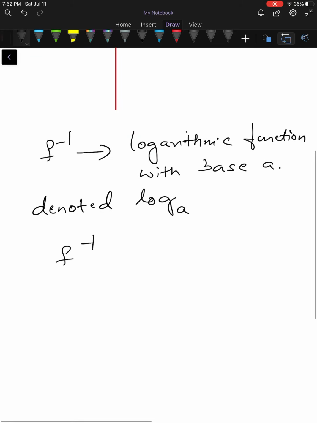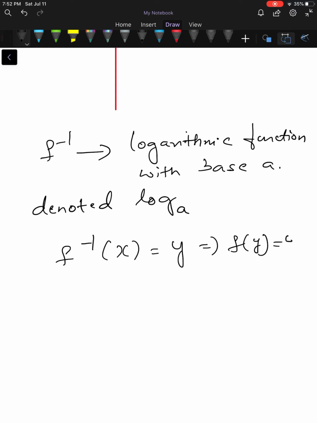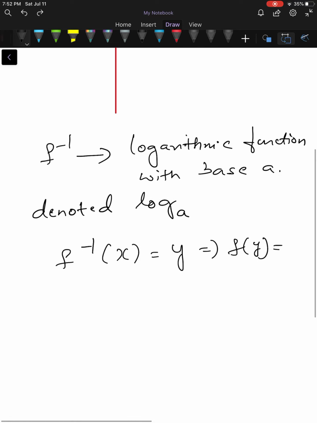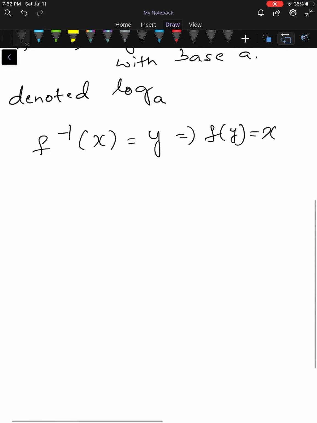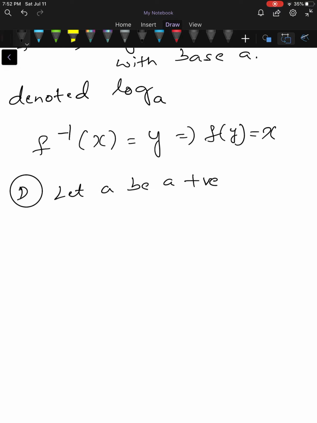If we recall from section 2.8, f inverse of x is equal to y implies f of y is equal to x. This leads to the definition of the logarithmic function. Let a be a positive number with a not equal to 1.